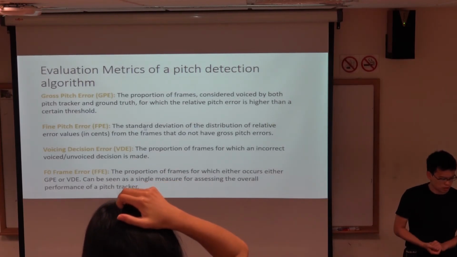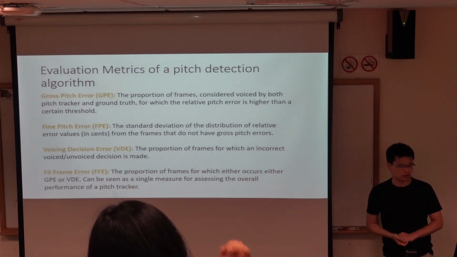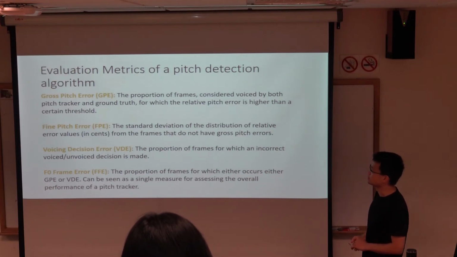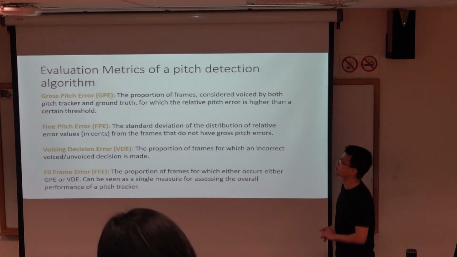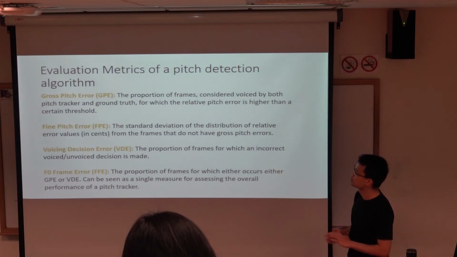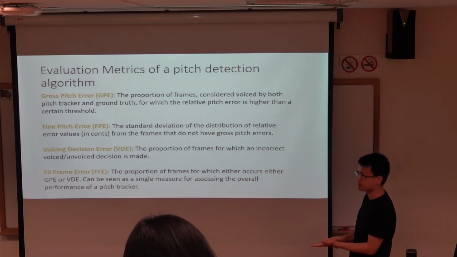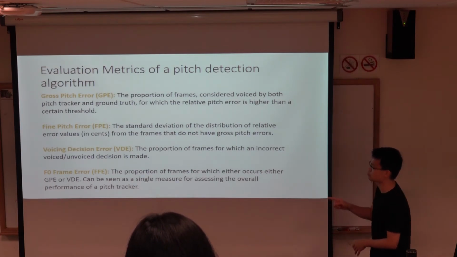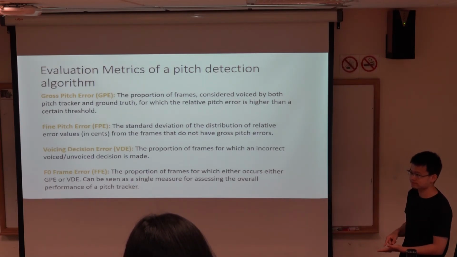Okay, last I want to talk about some metrics for evaluating the pitch detection algorithm. The first error is that, in the ground truth, this frame has voice, and I detected it as voice, but I detected the wrong pitch. So I'm calculating the proportion of that kind of frames.